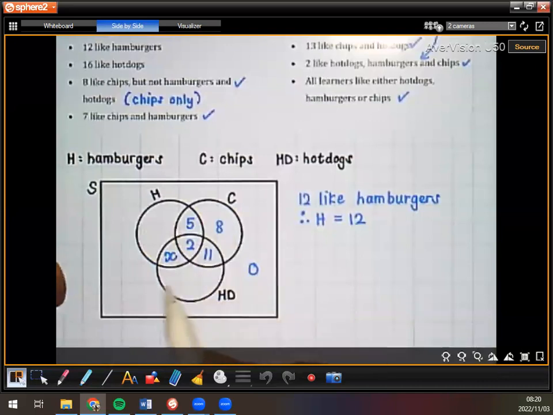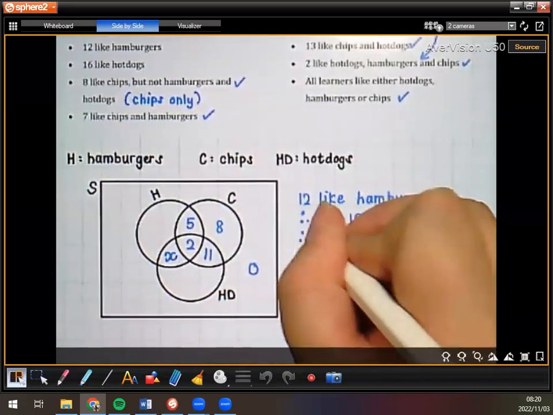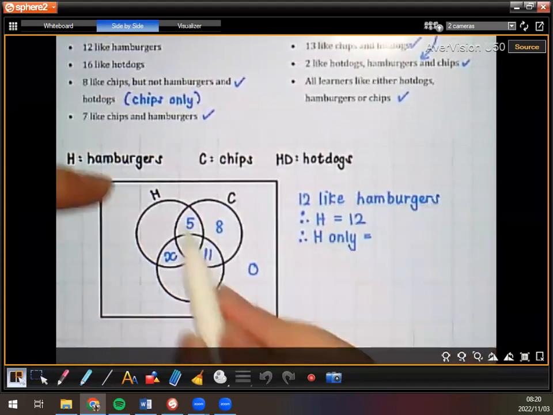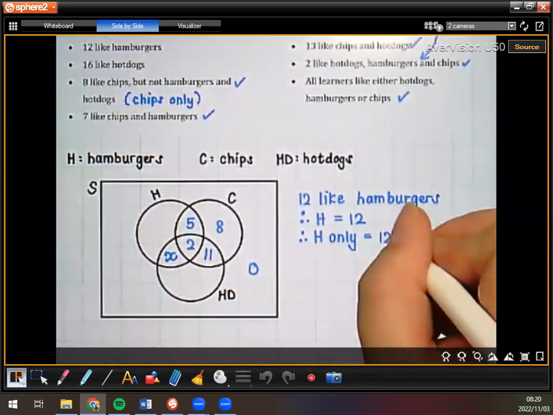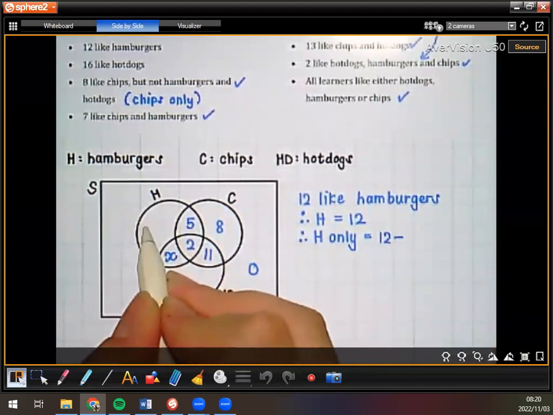That section there doesn't overlap with anything else. So these people only like hamburgers. So to do that calculation, we're going to have to say the total for the whole hamburger circle is 12. And now we're going to have to minus the one that we already have in that circle. That will give us what it is.